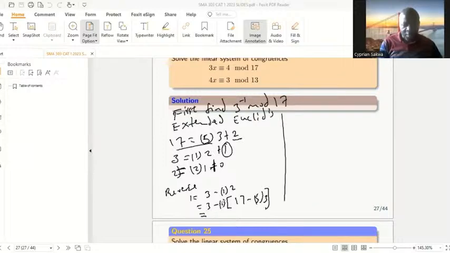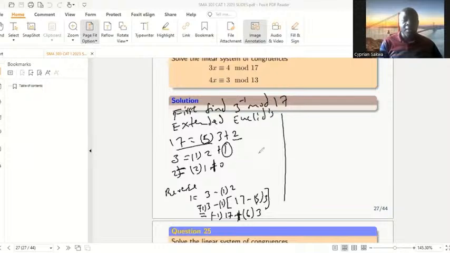Let me just begin from here. Okay, 1 equals 3 minus (17 minus 5 times 3), so this is positive 5 plus this one, which is positive 6.